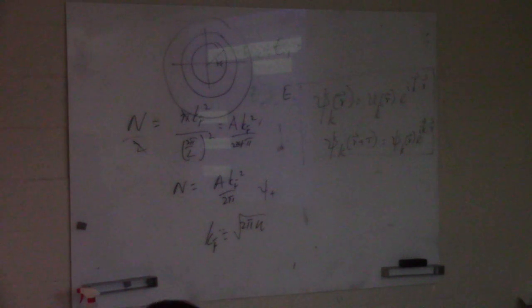Psi x plus a is c times psi x, that's why you get c squared like that, right? That means if you write psi x plus na, what is it? C to the power n times psi x, right?